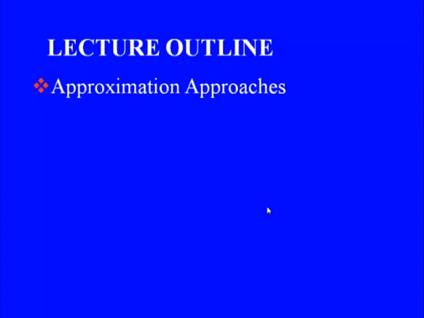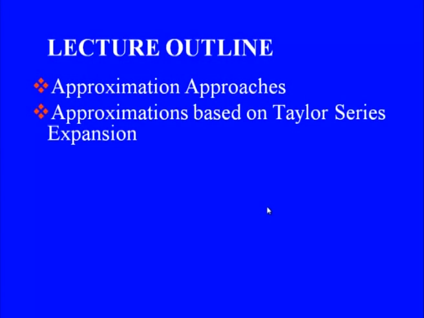The outline of this lecture: we will first have a recap of the approximation approaches which can be used to obtain the finite difference approximation of partial derivatives, and then we would focus on approximations based on Taylor series expansion.